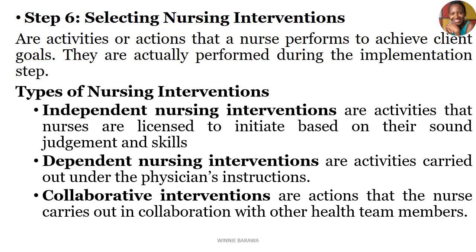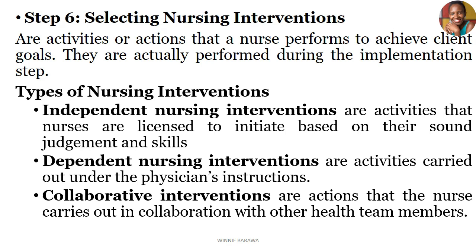I'll give examples of this later on, but let's just highlight them briefly on what they mean. So the independent nursing interventions, these are activities that nurses are licensed to initiate based on their sound judgment and skills. They're interventions where a nurse may not really need to consult on what he or she should intervene, because they're already automatically licensed to do that.